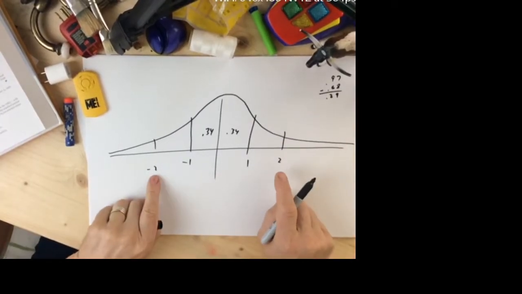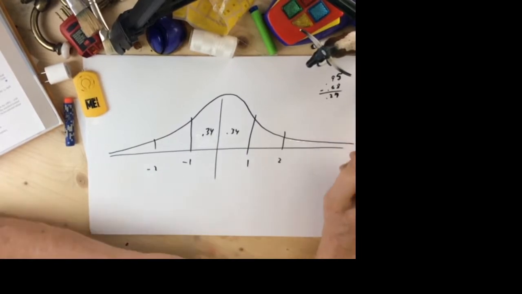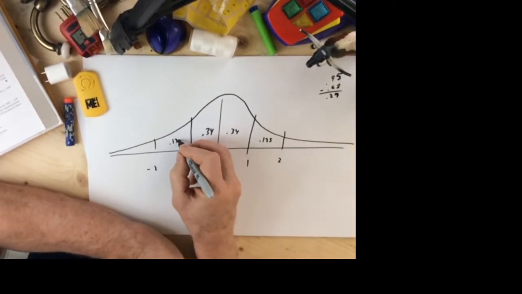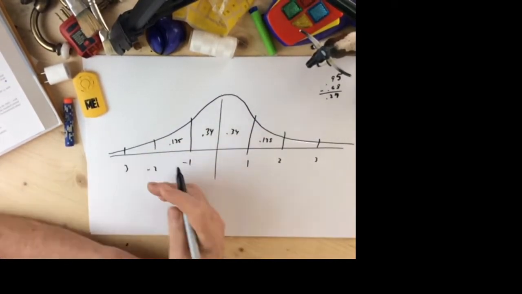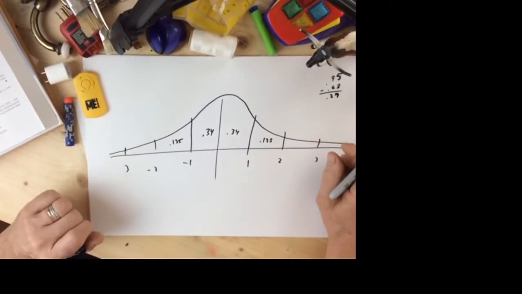And half of that, 13.5%, so we get 0.135 here, 0.135 here. And if we did 3 standard deviations, that's 99.7%. We can do this calculation again and find each piece.